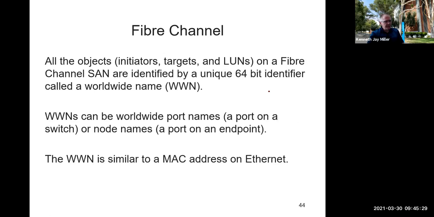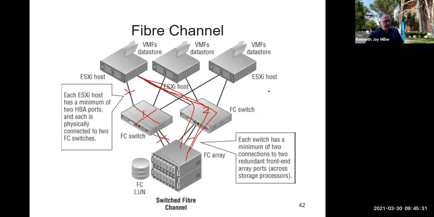Now all the objects, so on these, we have on our array, this is where our targets are. So we set those up, and it's hard to write with your mouse if you've ever tried to do that. And then these on our servers, we have the initiators.